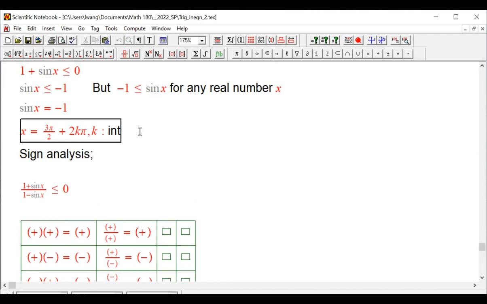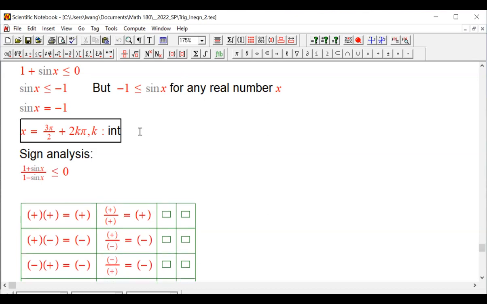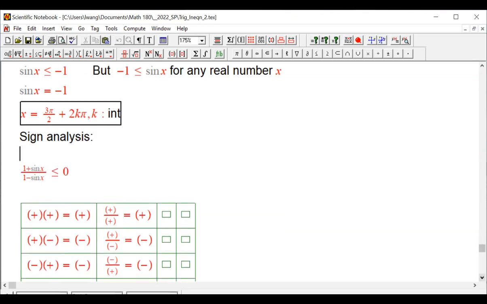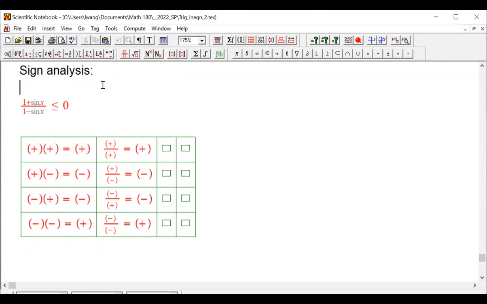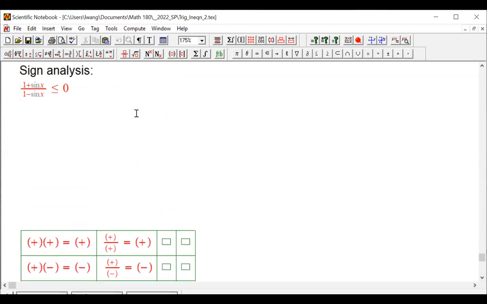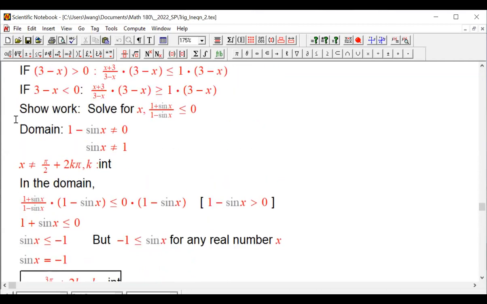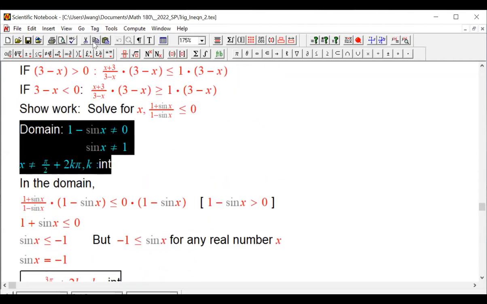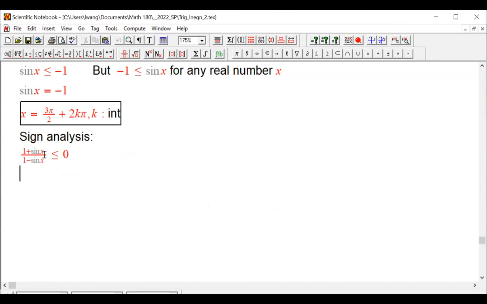If you look at the sine analysis, you have to understand that you still have to mention the domain. You cannot get away with not talking about the domain. So you always have to consider the domain, right?